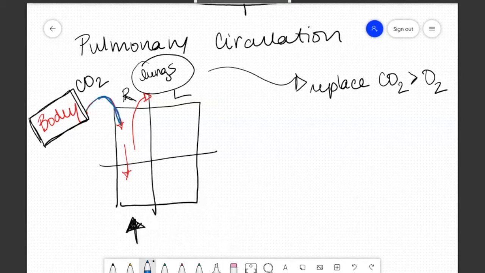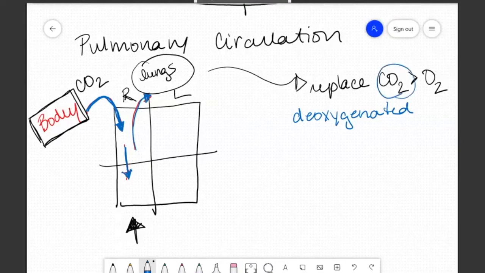This blood is going to be carrying CO2, so it will come down from the right atrium through the right ventricle and out, and it will head to the lungs. It is considered deoxygenated. That mainly means that it doesn't have O2, it will have CO2.